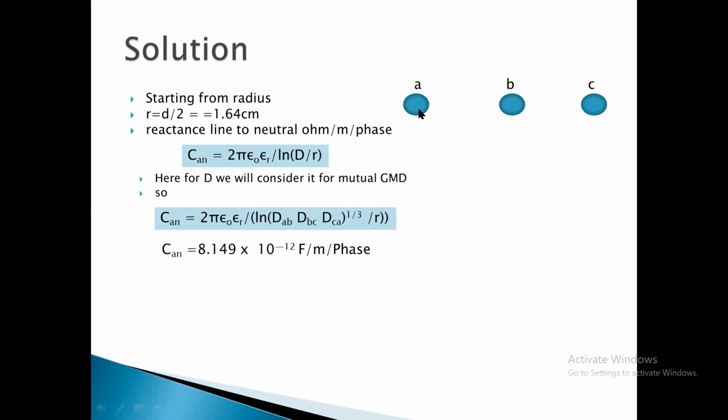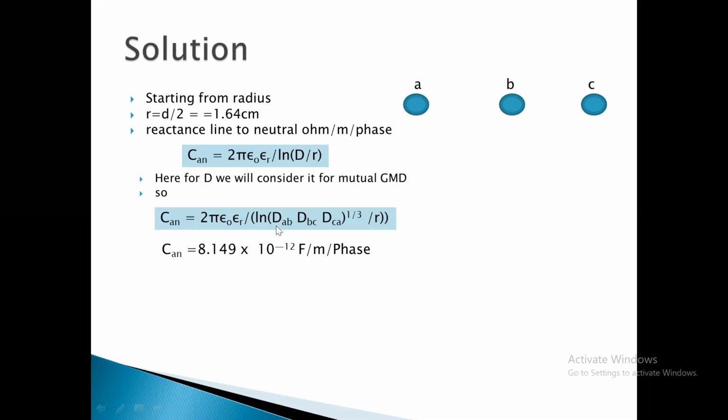If it had symmetrical spacing like A, B and C, then just using this formula would be enough. But actually the spacing is not the same. A to B is 12 meter and B to C is also 12 meter, as given in the question, and A to C is 12 plus 12, 24 meter. So we are going to consider D as the mutual GMD, as I explained before.